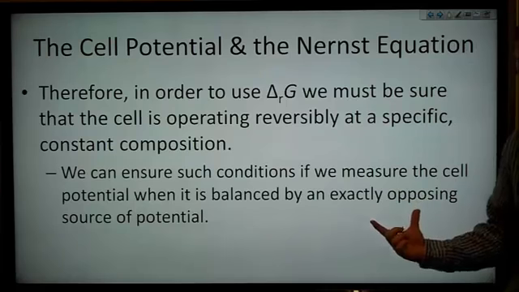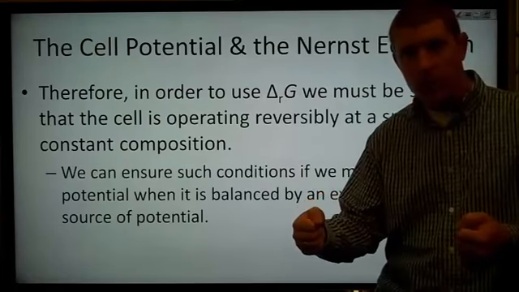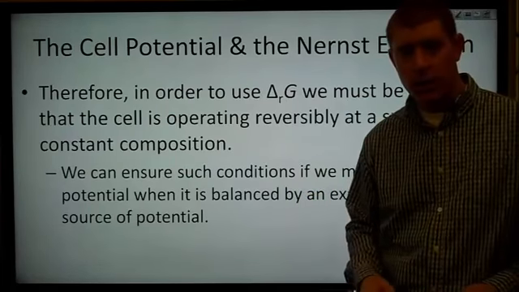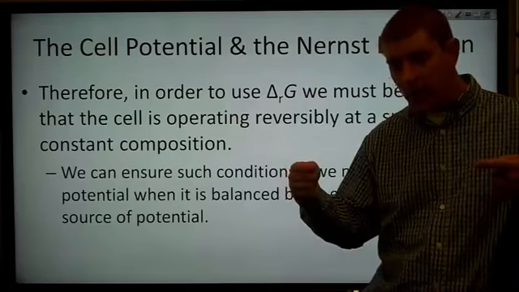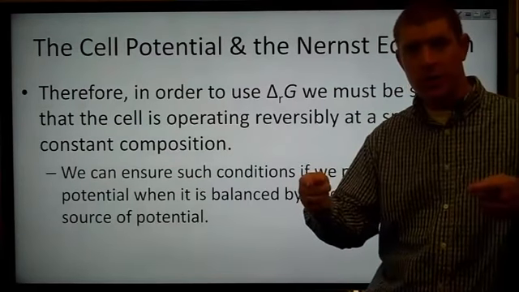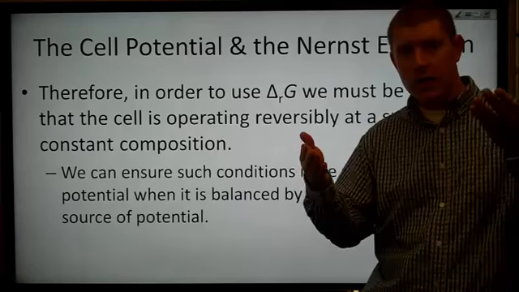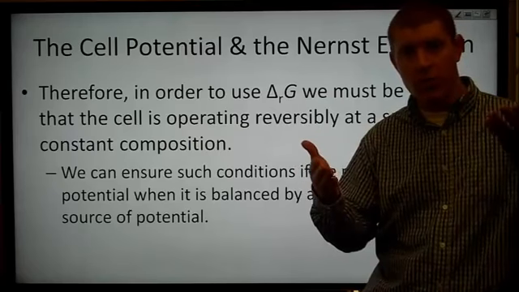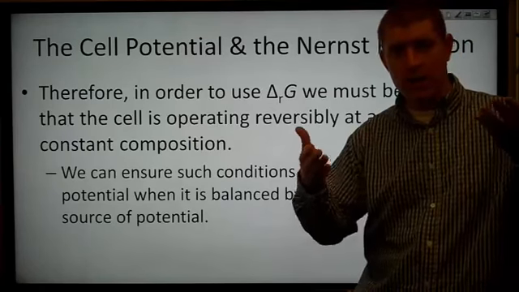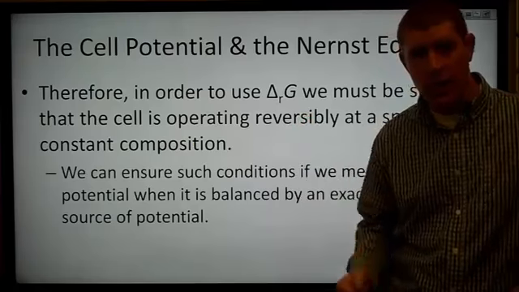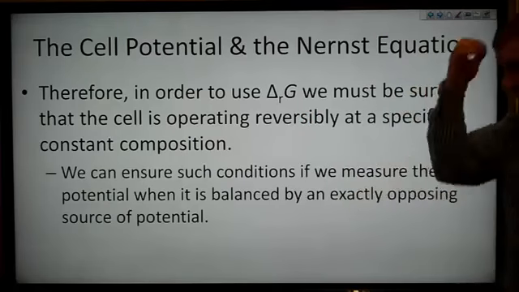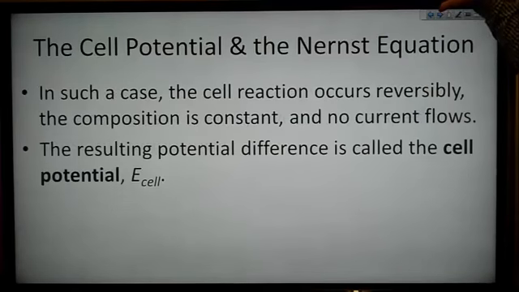Basically, we take a power source, hook it up to our electrochemical cell, and change the voltage of our power source until electrons aren't flowing through the cell or the circuit. And at that point, now we can tell what our electrochemical potential is.